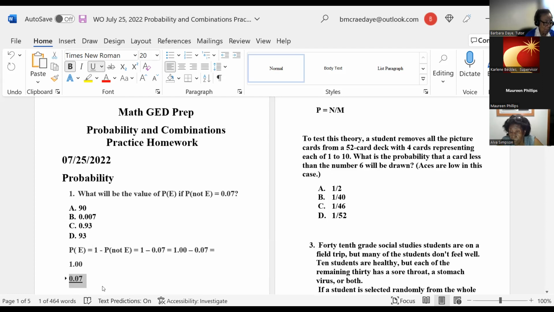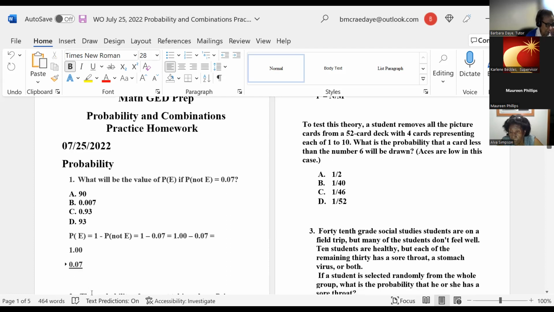Now subtract. What is that equal to, Alva? Is it 0.93? That's right. 7 from 10 is 3, and 0 from 9 is 9. So 0.93. That is correct. All right.